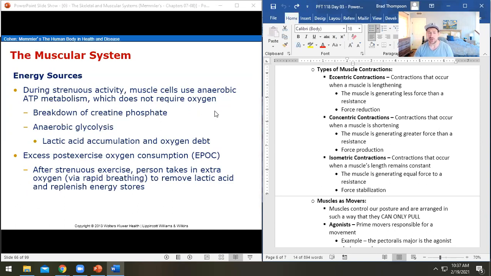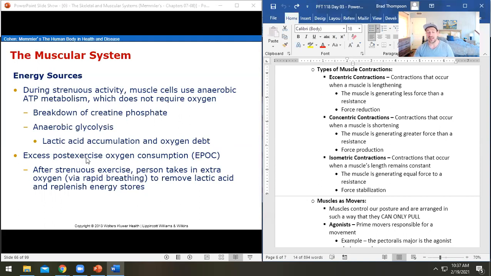During strenuous exercise, we're breaking down things like creatine to create muscular contractions and generate ATP. Sometimes we're producing lactic acid to produce ATP, and sometimes we're using aerobic metabolism to generate ATP. Our body will do it in 3 different ways.